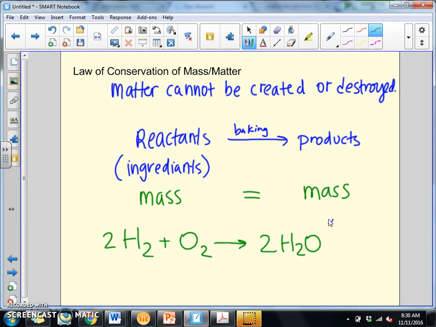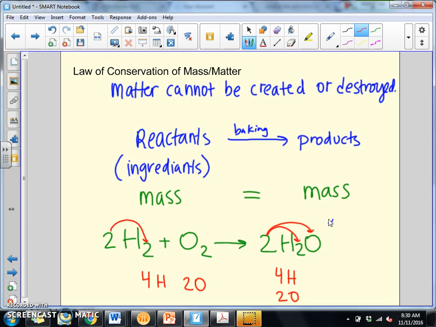When I do this, I can count how many I have. I have 2 times 2 gives me 4 hydrogens, and I have 2 oxygens. When I'm over on my product side, 2 times 2 gives me 4 hydrogens, and 2 times 1 gives me 2 oxygens.